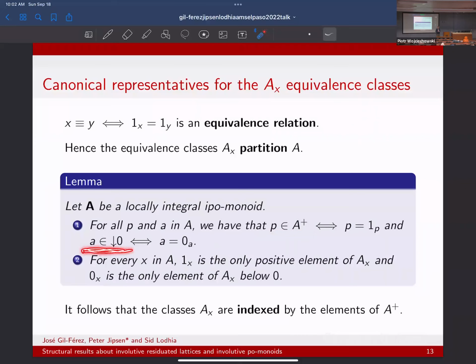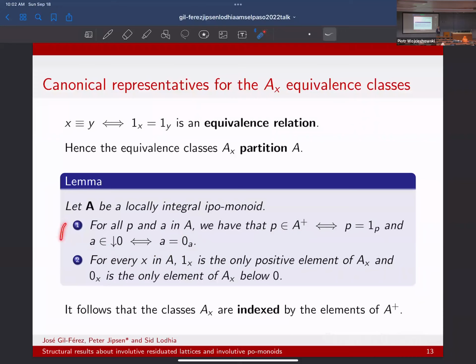And an element will be below 0, so down arrow here means the principal ideal, or everything below 0, if and only if the element is equal to its local 0.